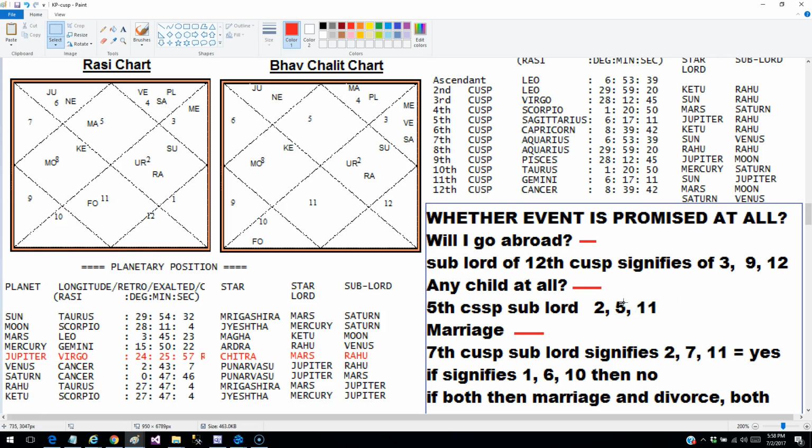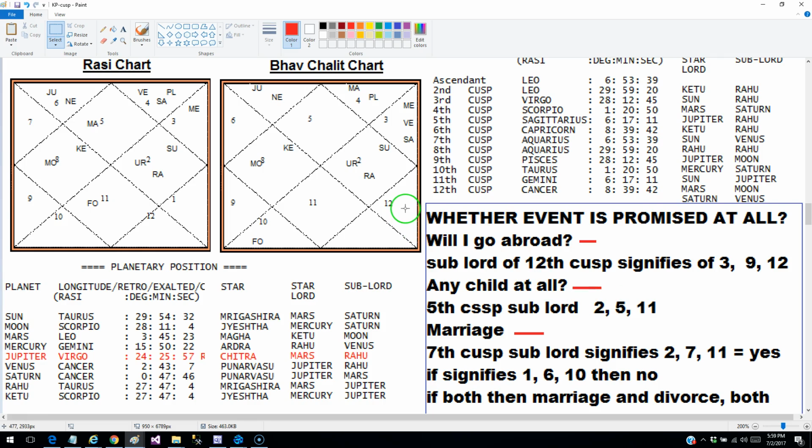Then the marriage is promised. Similarly, about various aspects of life, like can I have a partner in business, whether I can meet with any accident in my life, or can I become a film star. There are various questions, and for all of them the approach is the same.